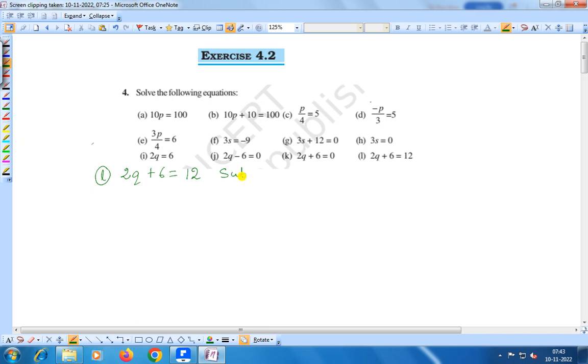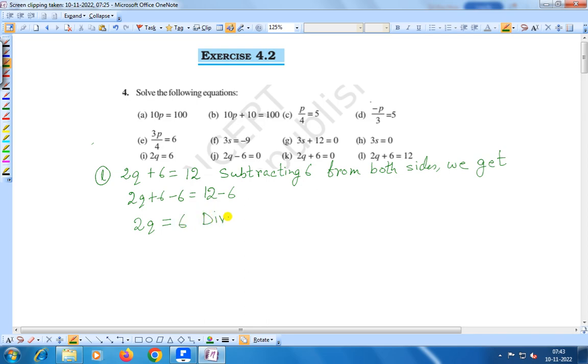Subtracting 6 from both sides we get 2q plus 6 minus 6 is equal to 12 minus 6. Therefore, 2q is equal to 12 minus 6 is 6.